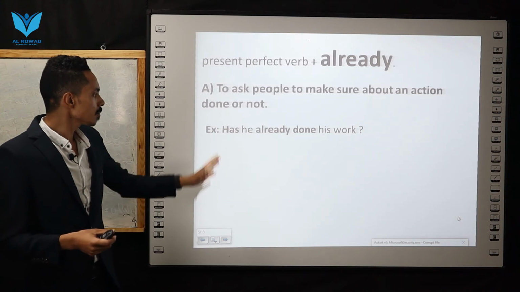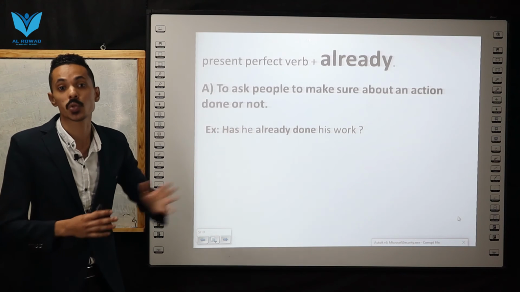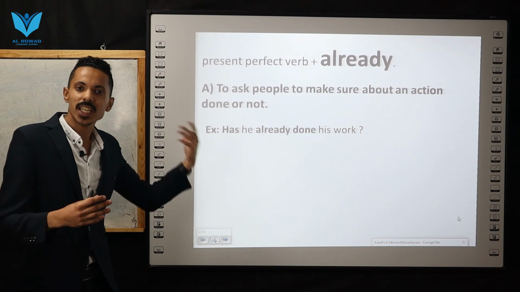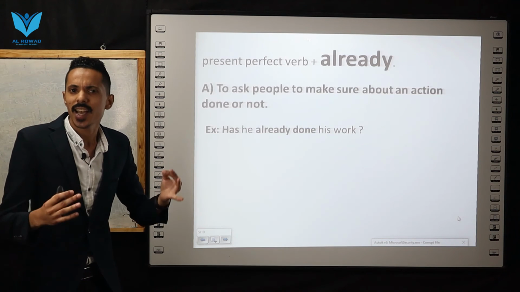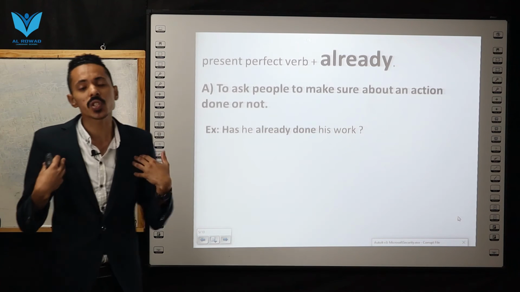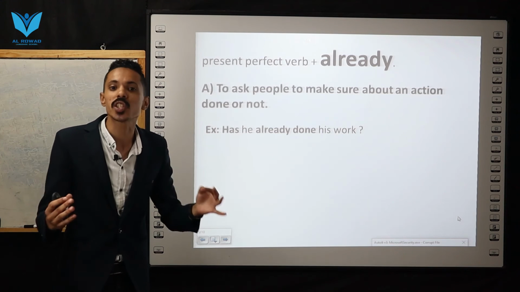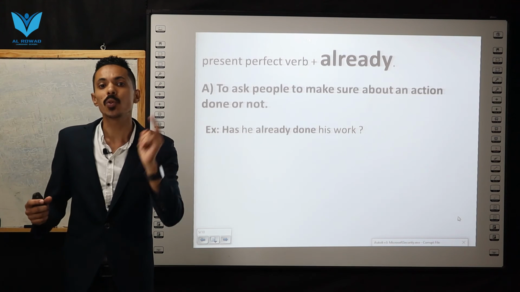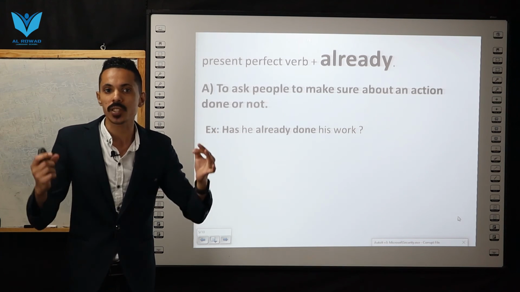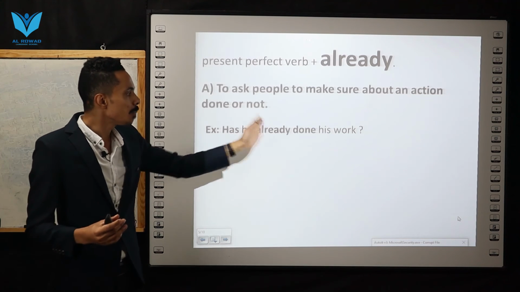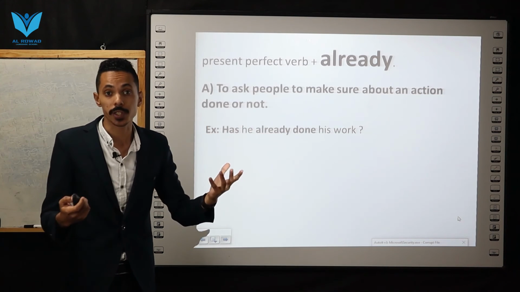Like this here. Has he already done his work? Here, I ask if he really has done his homework or not, because I want to make sure if the action is really finished or not. So, if you want to make sure if the action is really finished or not, use present perfect verb plus already in the question.